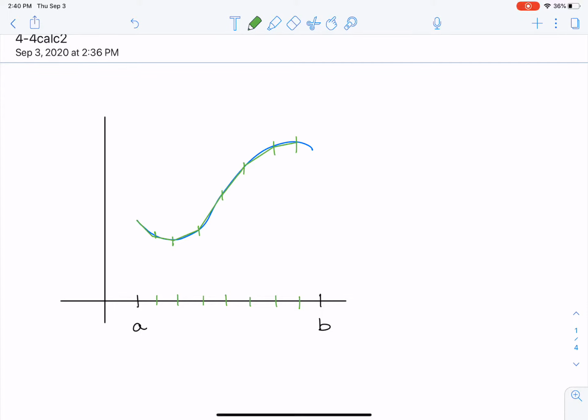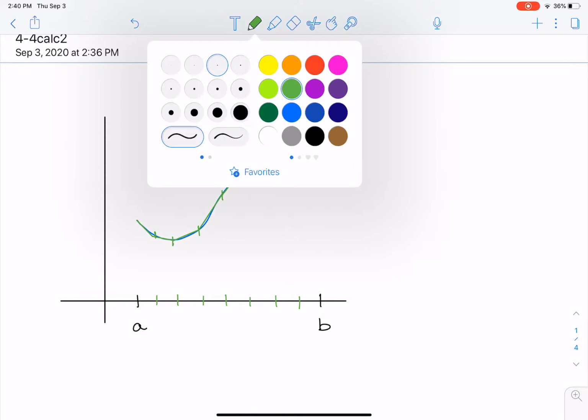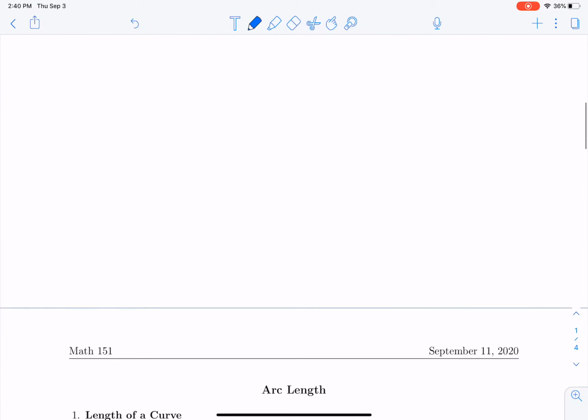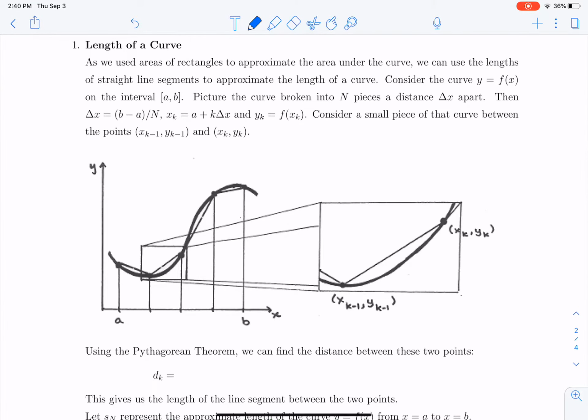And that's going to be our strategy. So we want to formalize this strategy by finding the length of a curve.